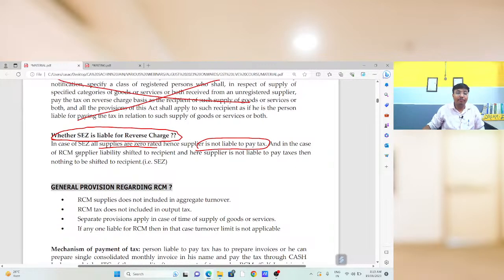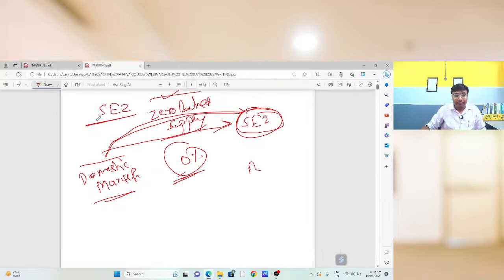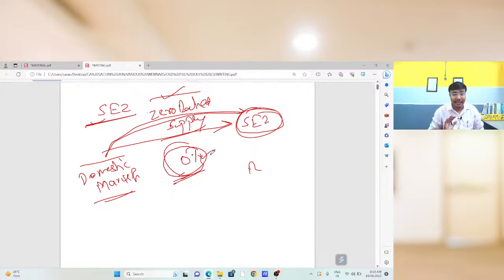And in case of RCM, the supplier's liability is shifted to the recipient. Because the supplier is going to make the payment of tax at the rate of 0%, and in reverse charge mechanism we are saying that the supplier transfers the liability to pay the taxes to the recipient.